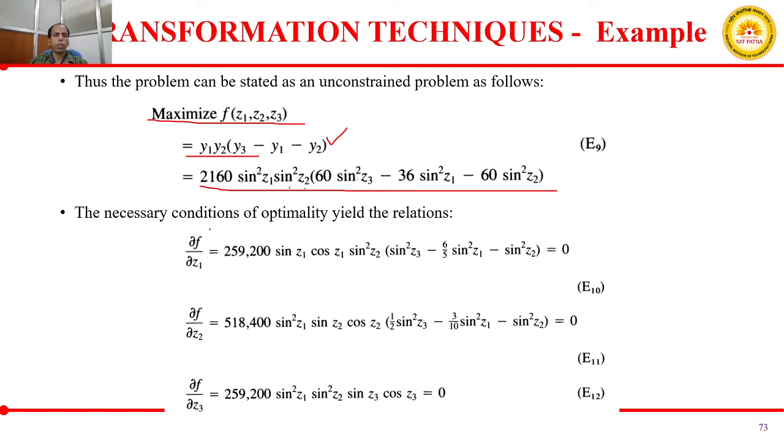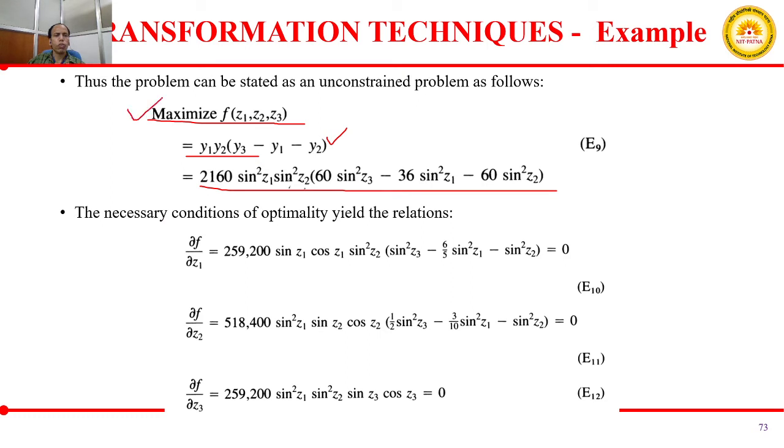Here we can check the necessary optimality conditions, and these may be given by taking the partial derivative of the given function with respect to the new variables z1, z2 and z3.